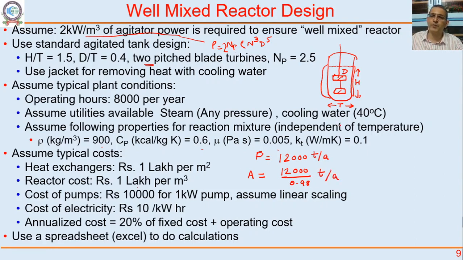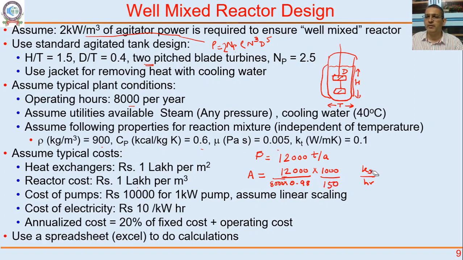If it's a continuous process, per hour if you calculate, 8,000 hours are operating in a year, this will be divided by 8,000. That is the rate in tons per hour. Into 1,000, that will give you kg per hour of A. What is the molecular weight? 150.